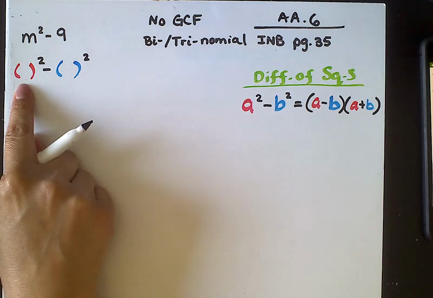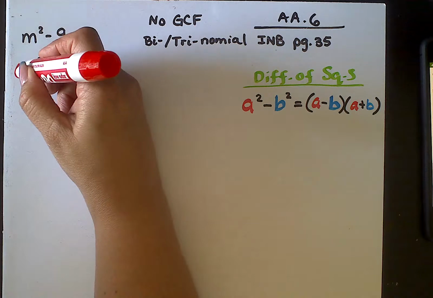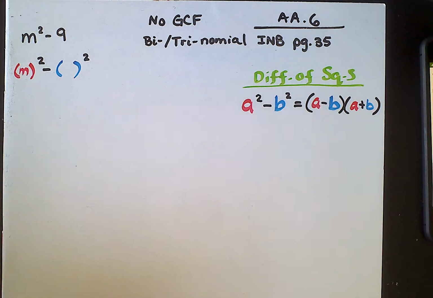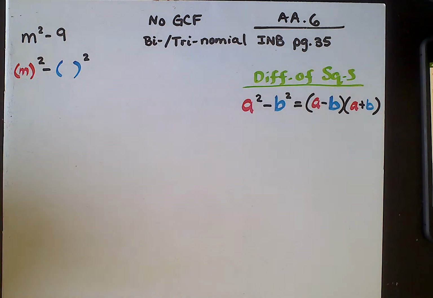Now in this first red set of parentheses, obviously I would put m. But here in this blue set of parentheses, not as obvious, but we know our perfect squares listed on page, I can't remember off the top of my head because we've been out of school that long and I can't find my folder because it's over here.